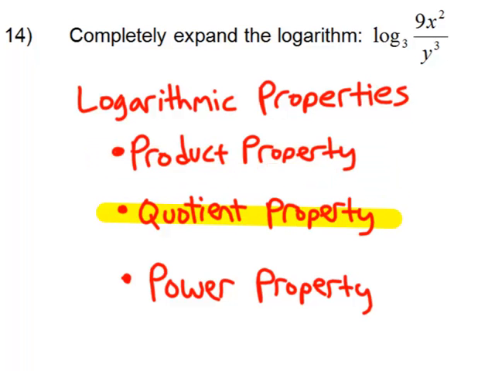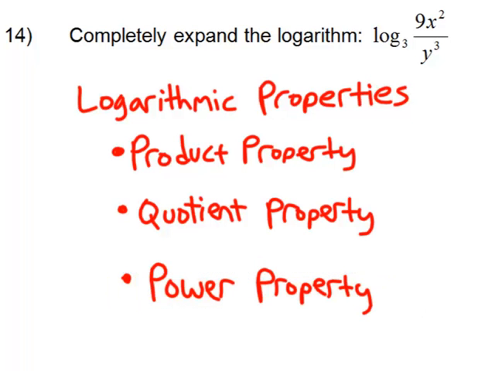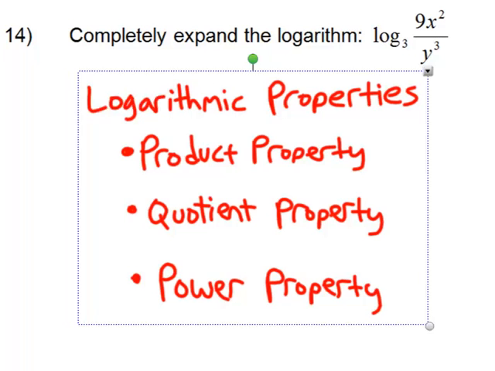There's your quotient property or quotient rule. And finally, your power property or power rule. We'll be using all three of them in this case. Rather than just write those three formulas up on the board, I'm going to use them in context in this solution and expect that you look them up on your own if you feel that is necessary.